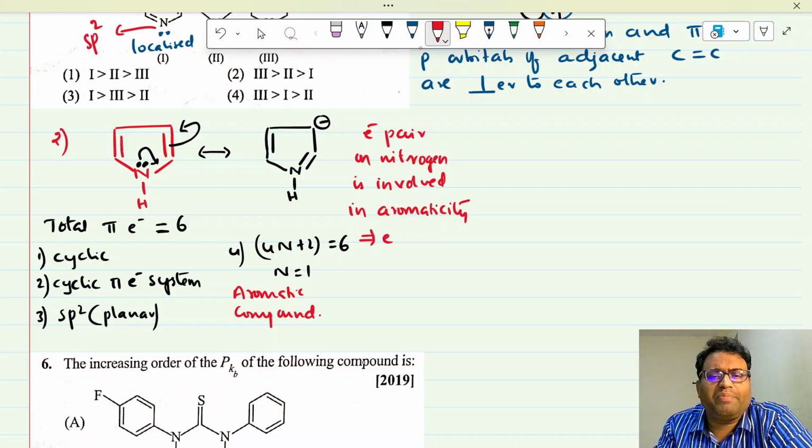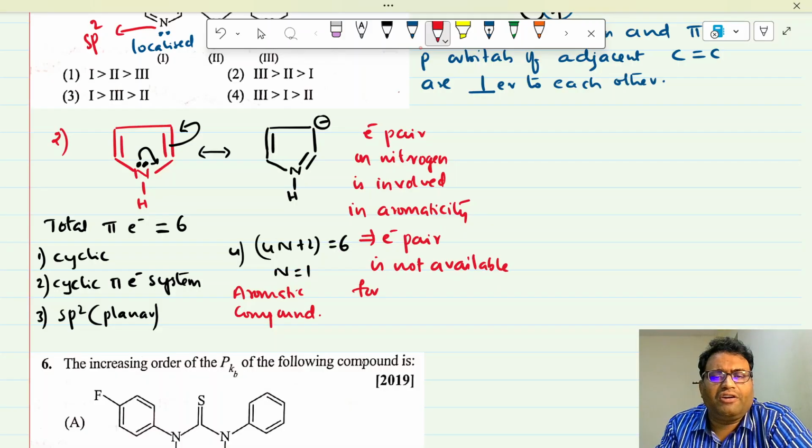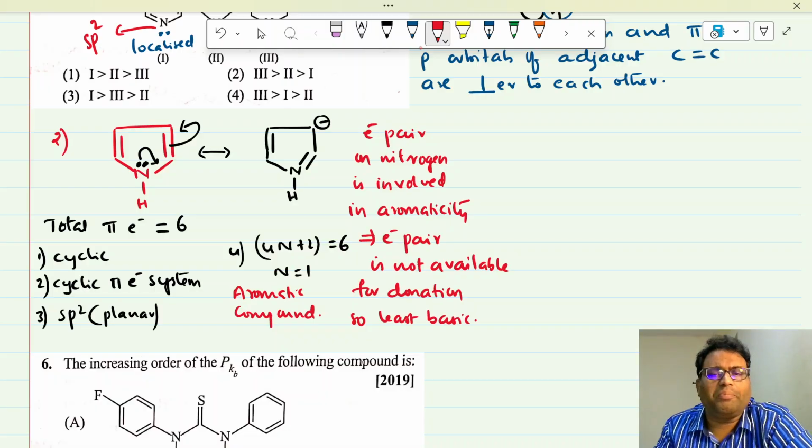So the electron pair is not available for donation. So it will be the least basic compound, right?